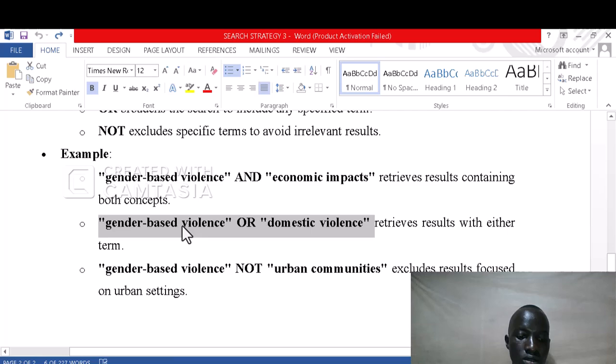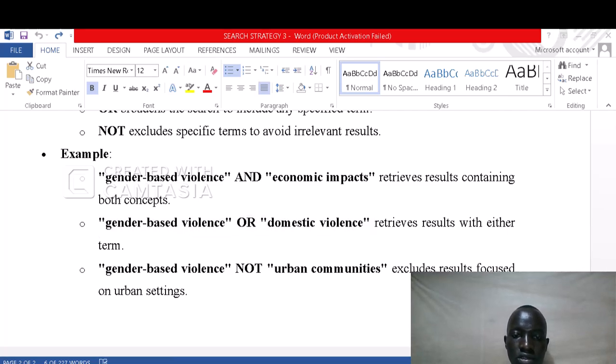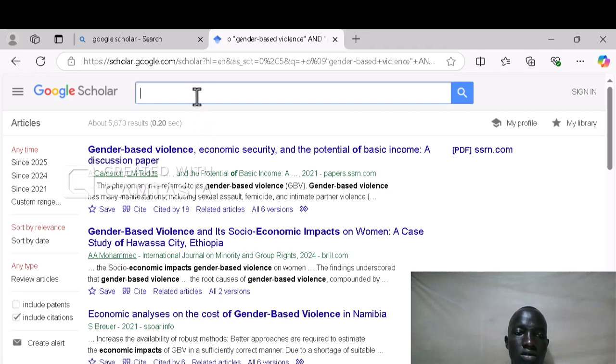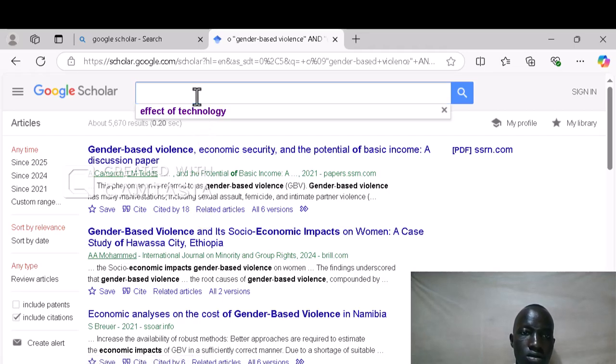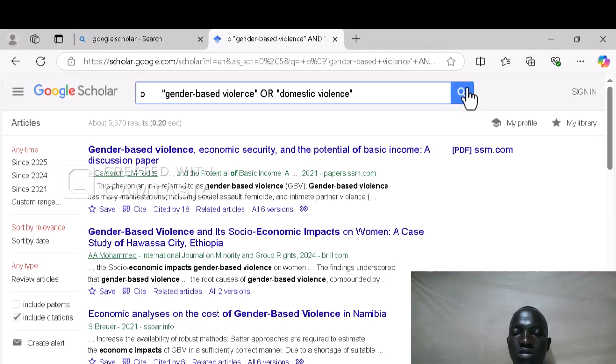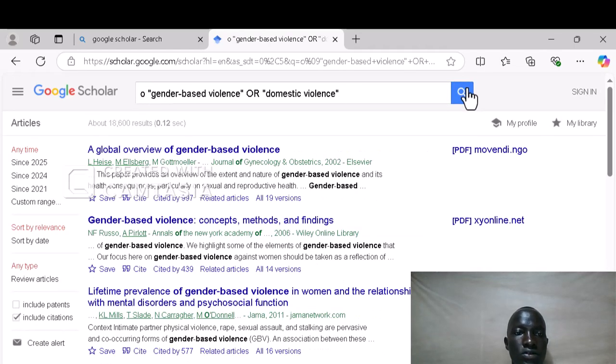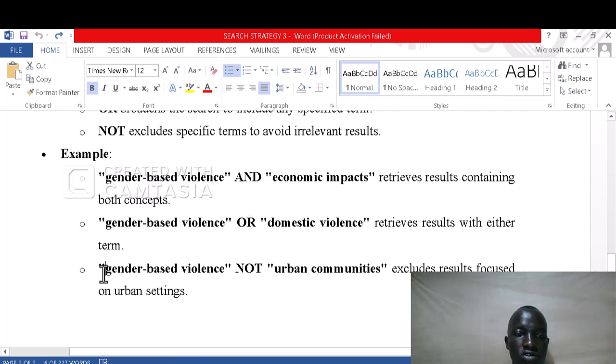So we are here. Let's copy that and try using it here. This is what it will be bringing for you. Now let's also try doing it for this part here.